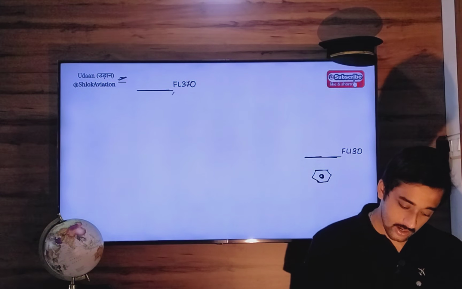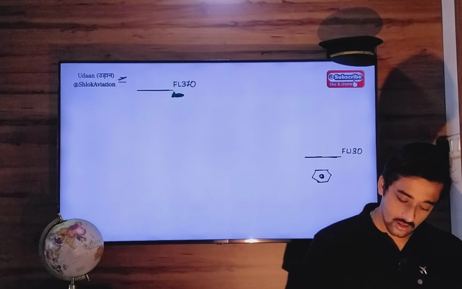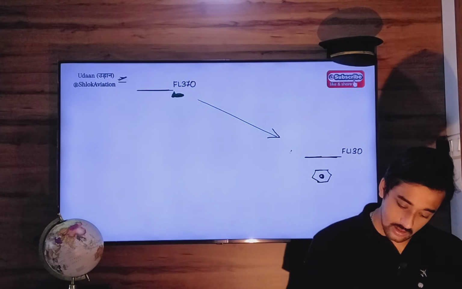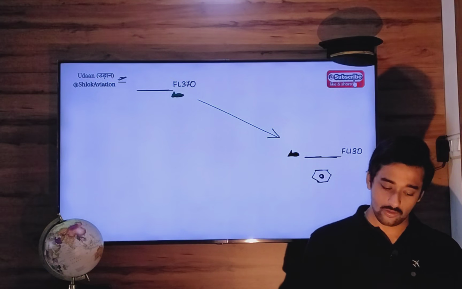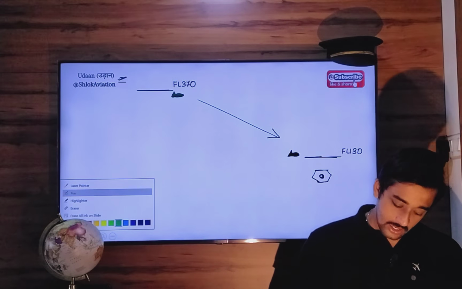So this is your aircraft here and you want to come down to this level over here, correct? Now you have to calculate rate of descent.